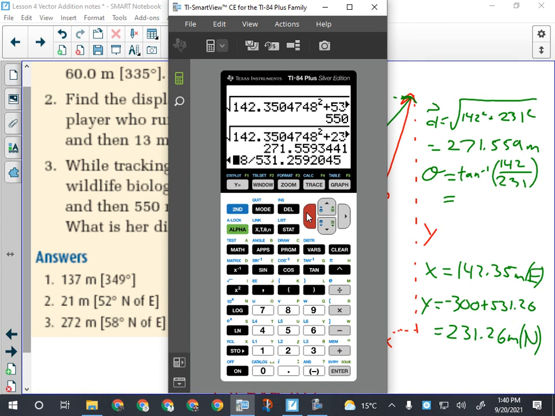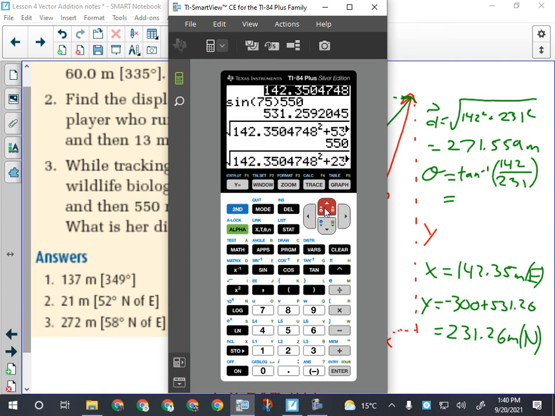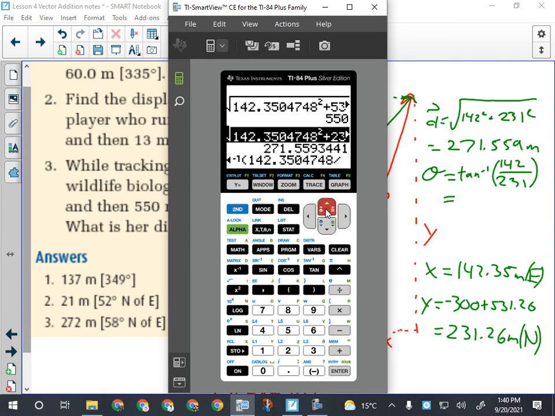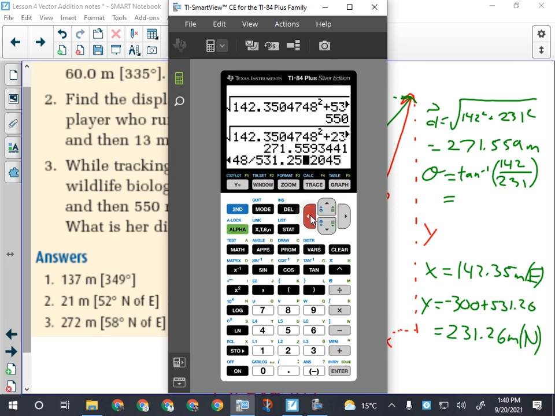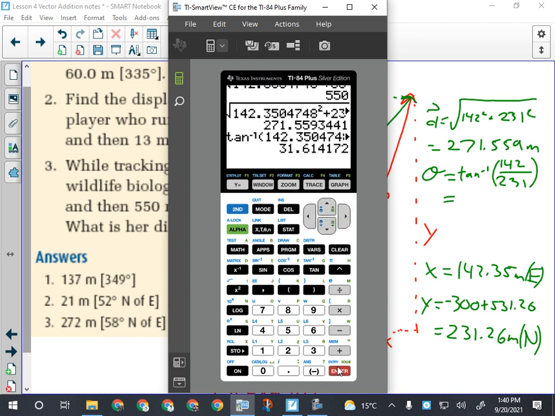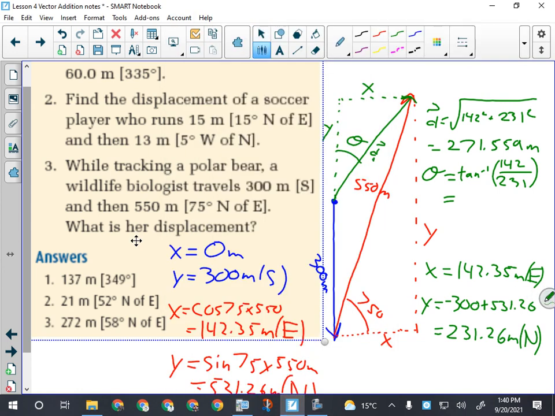I won't forget this time. Oh, and I put it in the wrong place. Let's try that again. All right, so we're getting 31.6 degrees for that.